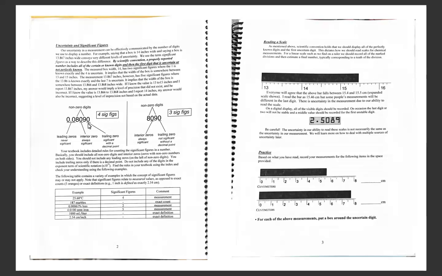So let's go over a couple of rules with sig figs here. So let's go over these examples here. A sig fig is any number that is usually not zero. So you could have 1, 2, 3, 4, 5, 6, so on, you know? Zero can count as a significant figure, but only in very specific situations.